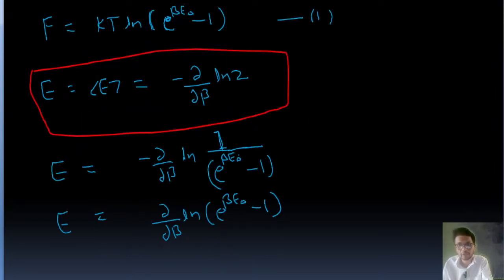Because we need to find the Helmholtz free energy in terms of average energy. This is the Helmholtz free energy, equation number 1: kT ln of e to the power beta e naught minus 1.